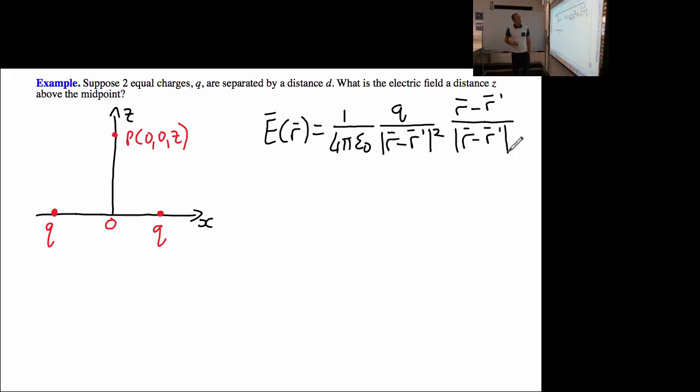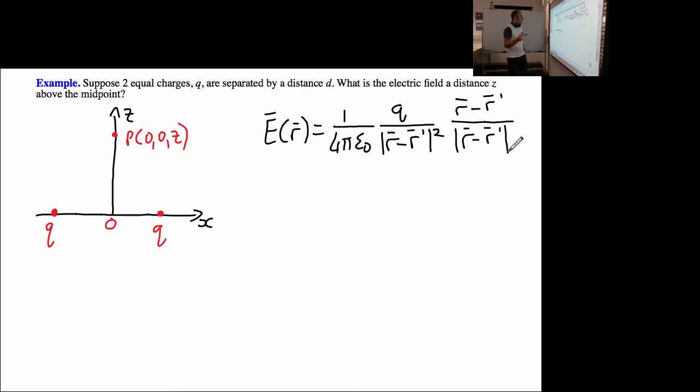And what we need to do is find out what our source vector is and what our field vector is. Now remember, our field vector is the point of observation. So in this situation, it's going to be at the point P. And our source vectors are where the charges are located.